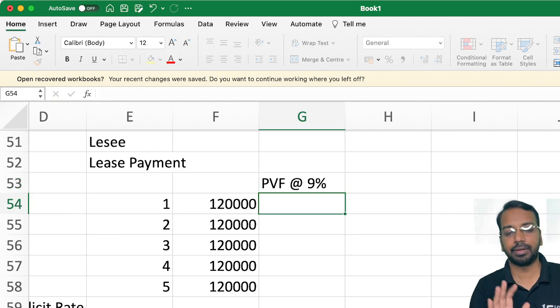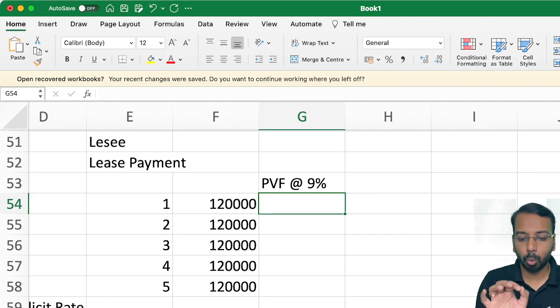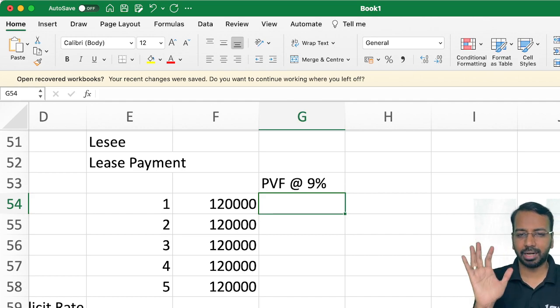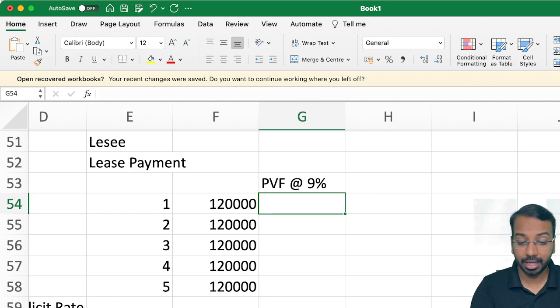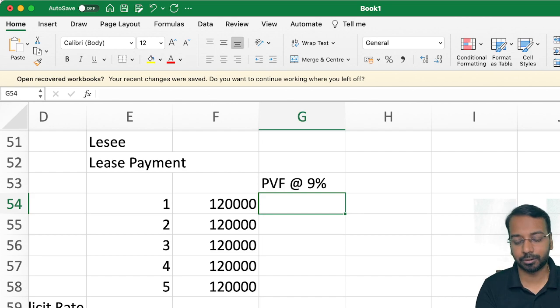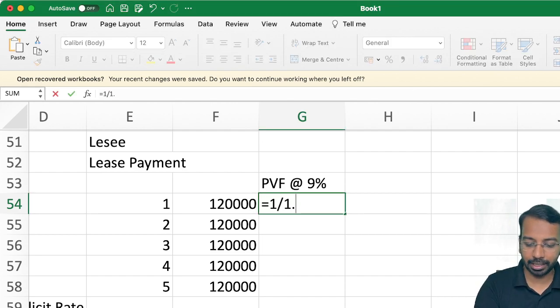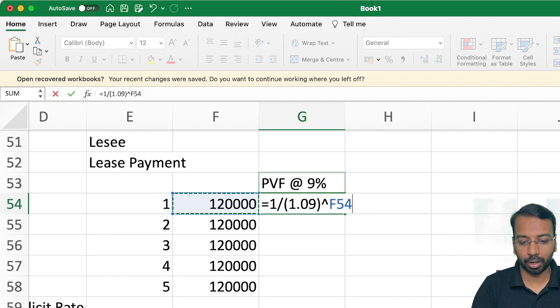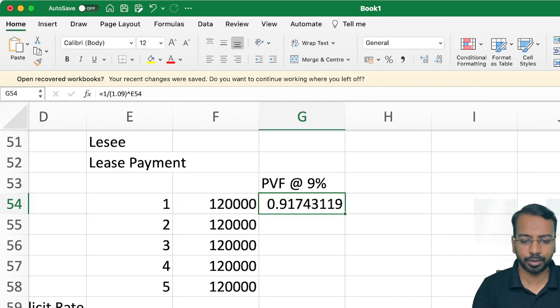Now here, how to save time? Take your calculator. 1 divided by 1.09. A lot of you will be masters in this, but still, 1 divided by 1.09 for 5 years. You just calculate and note this down. I'll be using Excel because I have that comfort here, 1 divided by 1.09 to the power of 1. That's the first time. When you do it the first time, you will get 9.17.